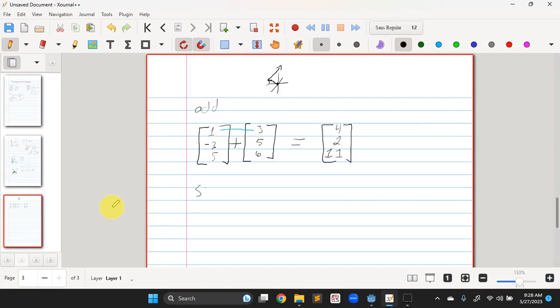We also have scalar multiplication. Probably could have abbreviated that somewhat.